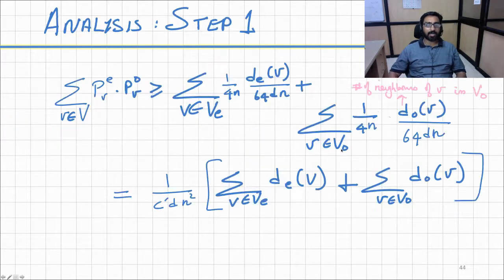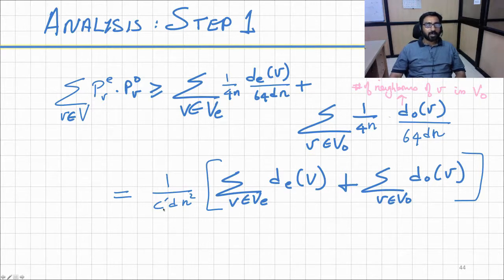So that's essentially what we have over here: V drawn from VE and V in VO. But the expression inside the summation is pretty much identical, except that we are using DOV here because that's the number of neighbors of V in VO, given that V is in VO.